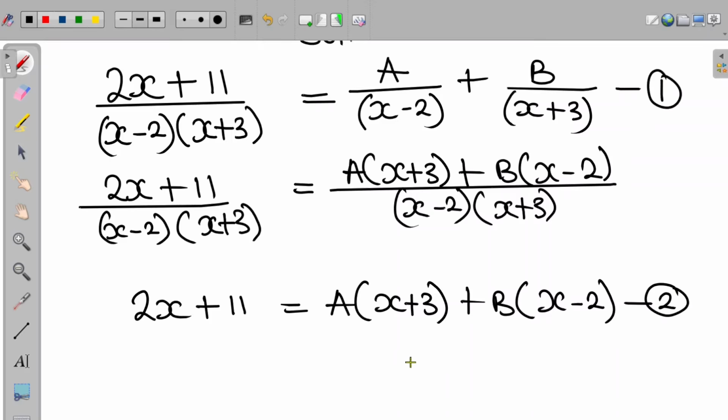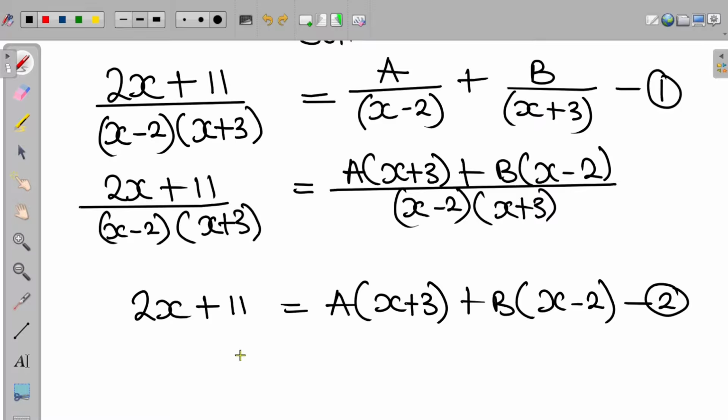To obtain the values of A and B, we can use two methods. One is the cover-up method, whereby we substitute convenient values of x to eliminate either A or B, or we use the comparing coefficients method. But in this video, we'll be using the cover-up method.